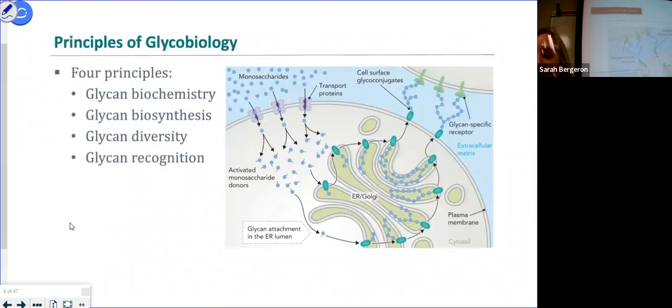All right. So when we talk about sugars, we call it glycobiology, right? In order to understand how sugars are used, you have to understand what happens to them in the cells. So with glycan biochemistry, we can isolate, let's say, a surface glycoprotein, maybe one that a virus uses to attach to a cell.